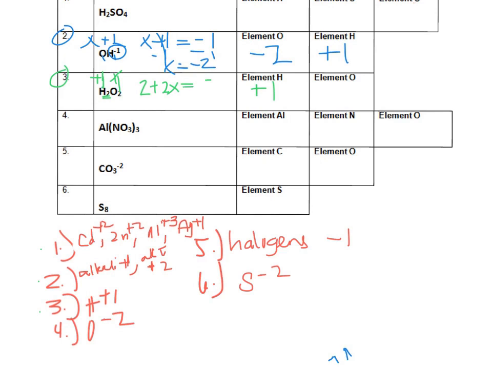And then the whole thing can equal 0 because it's a neutral molecule, there's no charge. So then let's carry this over, 2X plus 2 equals 0. Wait, 2X equals -2. And then divide by 2.